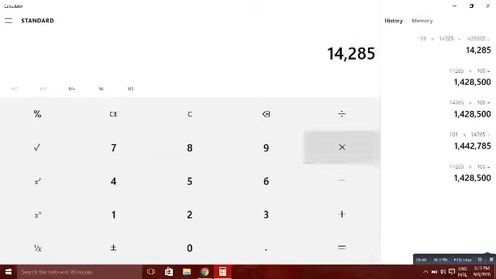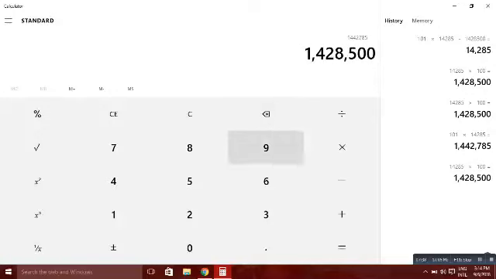Let's calculate. 1442785 is the value at the price of 101. 101 into 14285 quantity is the price, 14 lakh 42,785, minus the price we paid for 100, which is 14,28,500.